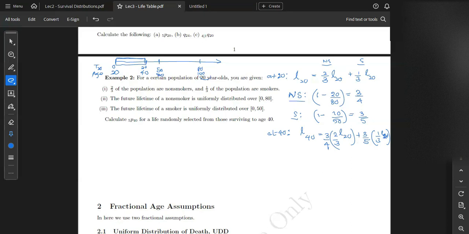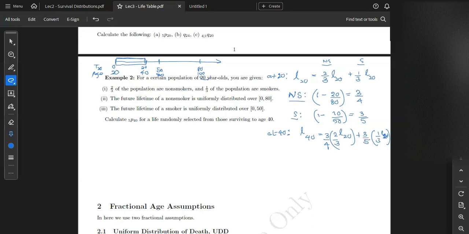So now we have decomposed it into 2 cases. And if we take this summation, it tells us this is the total number of survivors at the beginning of the 40th year.